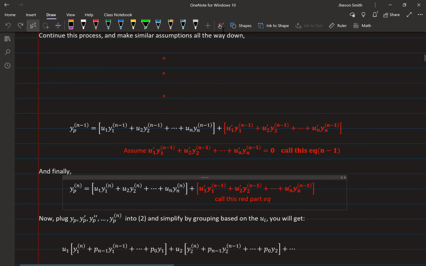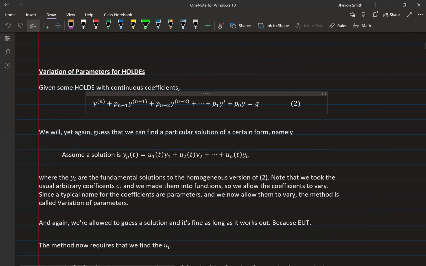At this point, I'm going to get a huge mess, but we don't have to do it. I already typed out what the answer is going to look like. So I'm going to plug in all of those guys, the y_p prime, the y_p double prime, all the way up to the y_p nth derivative, into this original equation right here.